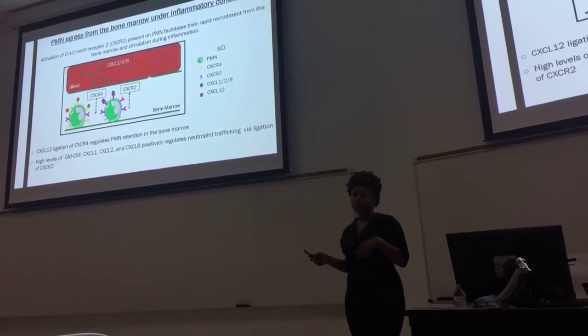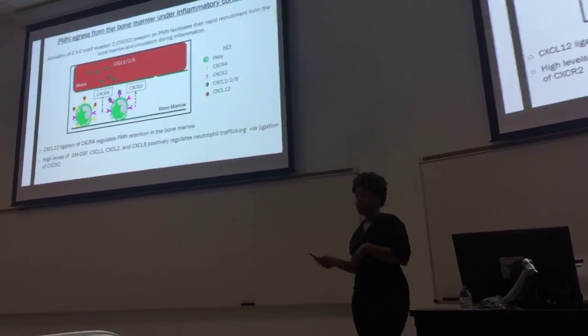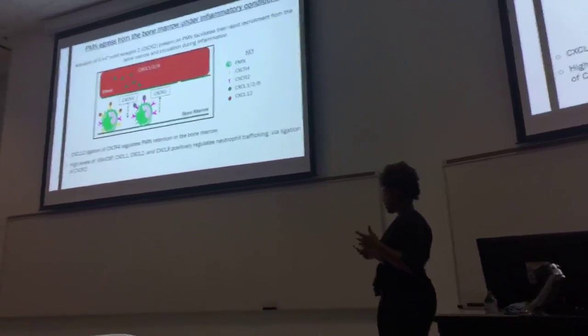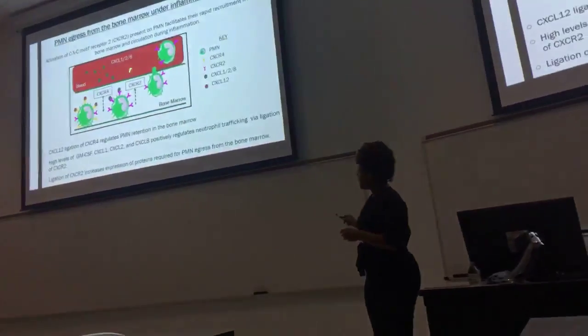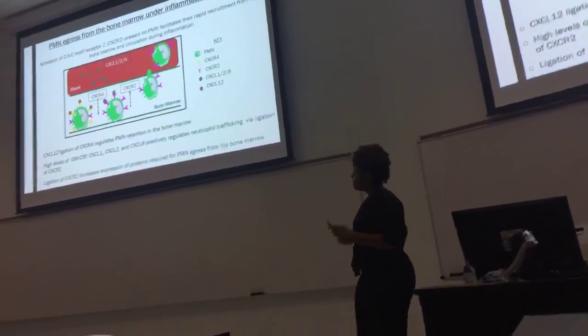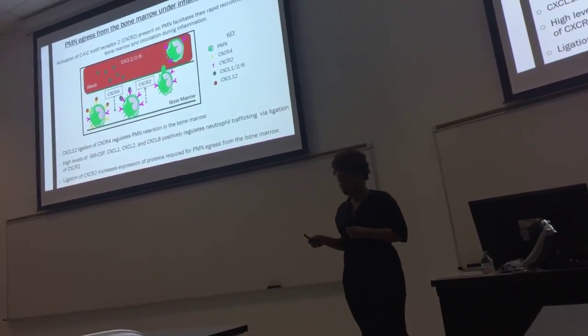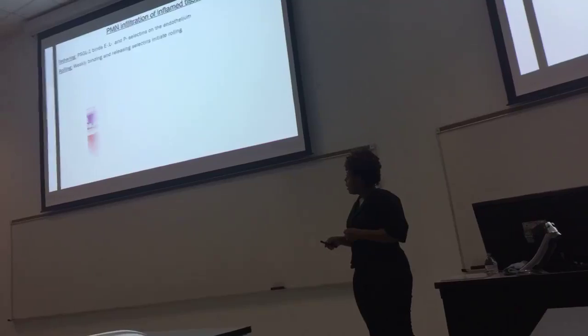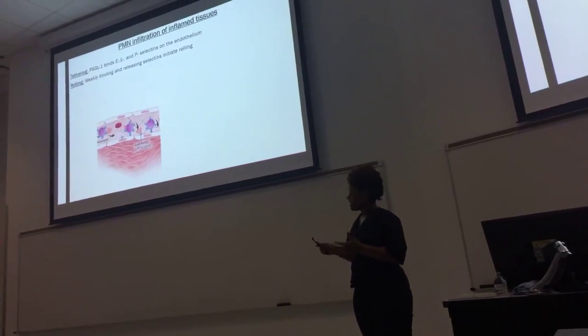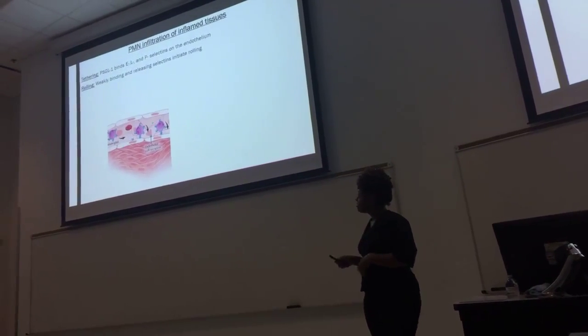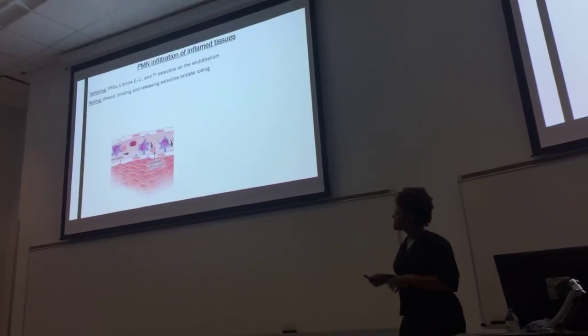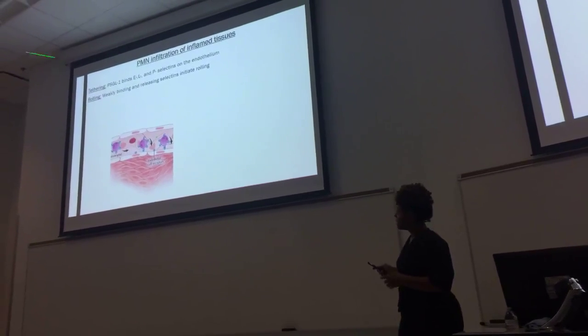CXCR2 is also important for their activation once they arrive in the tissue, so in this way it helps them prepare. This ligation also induces expression of adhesion molecules that are required for PMN to exit into the circulation.